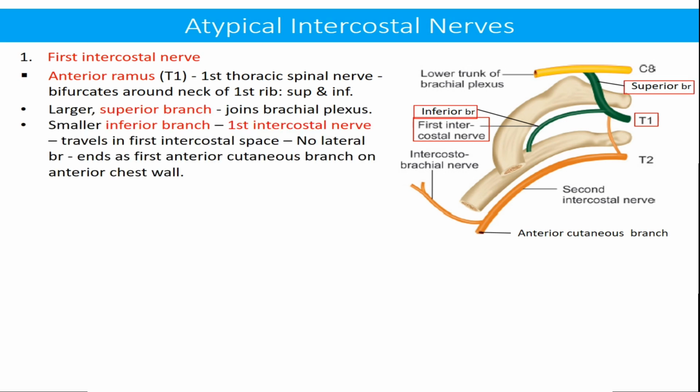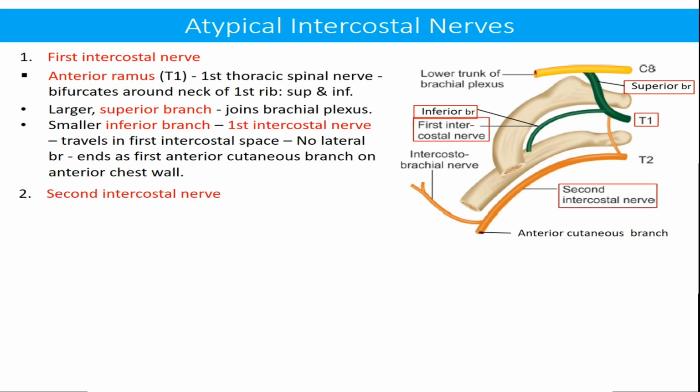Larger superior branch joins brachial plexus, whereas the smaller inferior branch, which is named as first intercostal nerve, travels in first intercostal space, has got no lateral branch, and ends as first anterior cutaneous branch on the anterior chest wall.